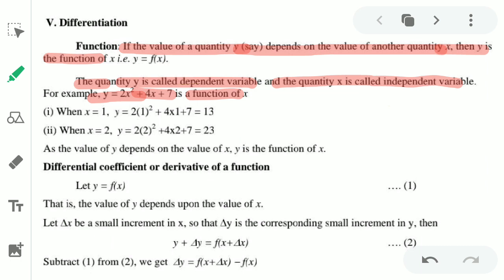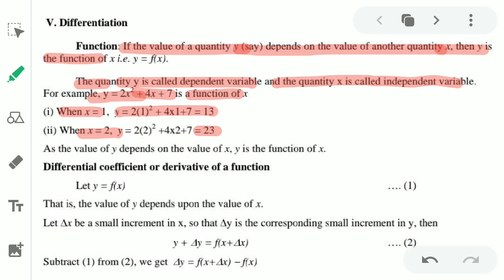When x is equal to 1, if we substitute x equal to 1 in the given equation, then the value of y will be 13. If we substitute x equal to 2 in the equation, then the solution is 23.